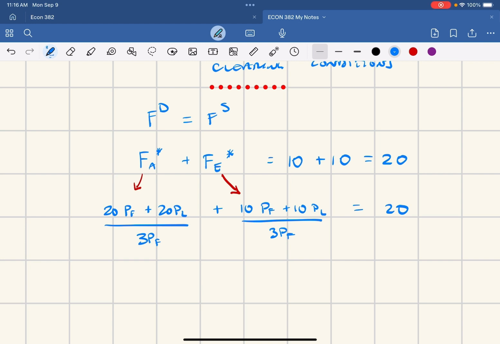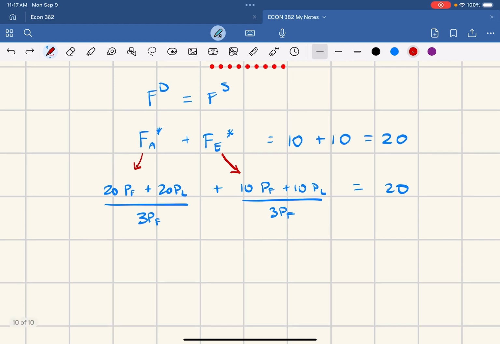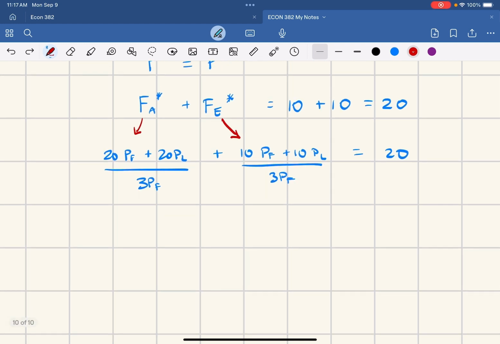And so what we've done here is we've used the market clearing conditions to give us an equation with 2 unknowns. We don't know the price of figs, nor do we know the price of leaves. And so this will then lead us into step 3.